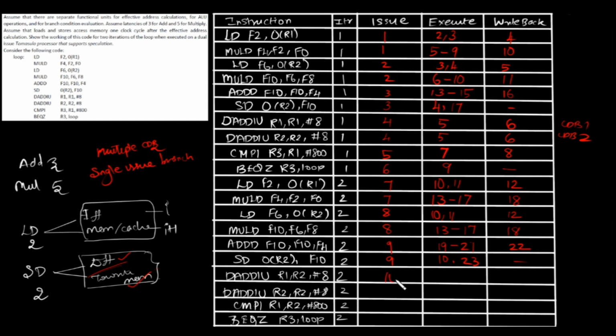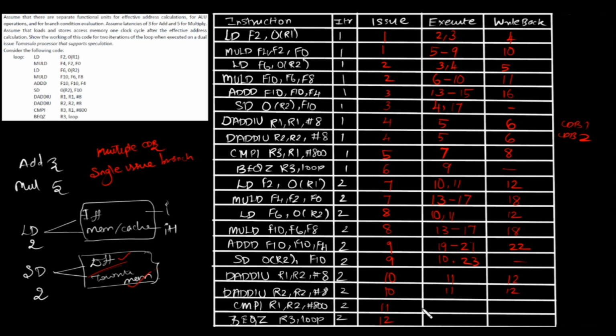And the data use is issued at the 10th clock cycle, which can run in parallel at the 12th clock cycle, and compare is again issued. You can see that branch is again a branch instruction, and we have to issue this as a single issue.